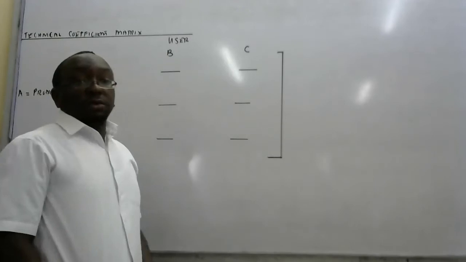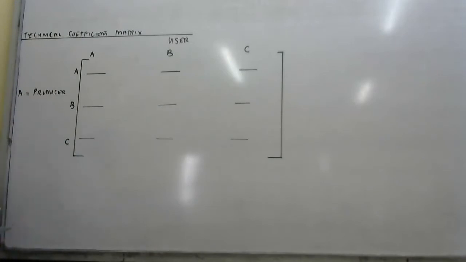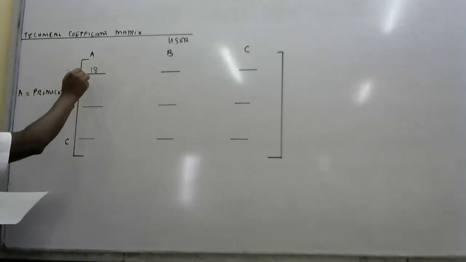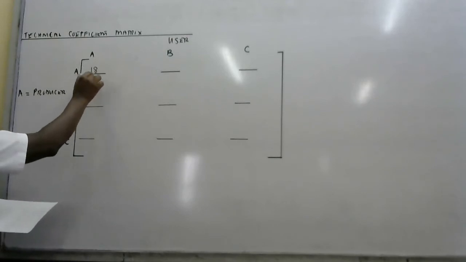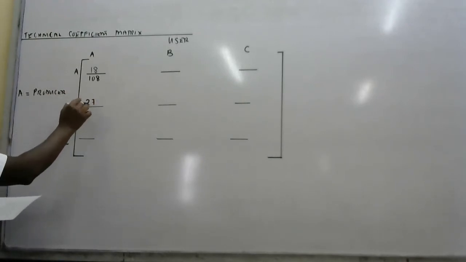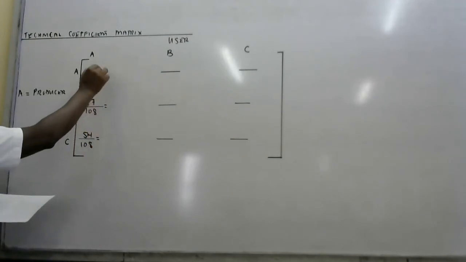So we said what you do, you take the units that are given there. Like for A, we have 18. You divide by the total of that row. The total is 108. And remember we said the values in a column are divided using the total in that row. So if you're in column 1, you divide using the total of row 1. So then this one will be 27, divide by 108, and this will be 54, divide by 108.